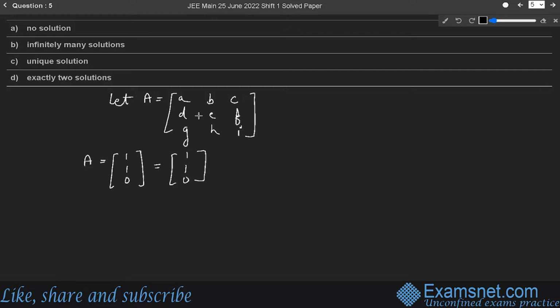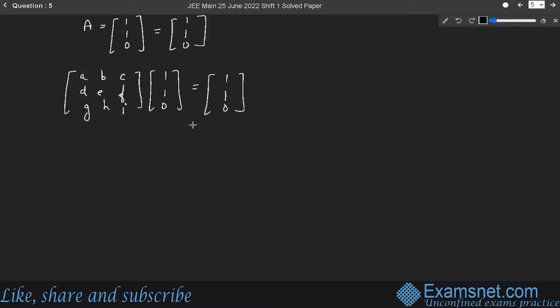Therefore, we can say that [A, B, C; D, E, F; G, H, I] times [1,1,0] will be equal to [1,1,0]. It implies that A plus B is equal to 1, D plus E is equal to 1 and G plus H is equal to 0.